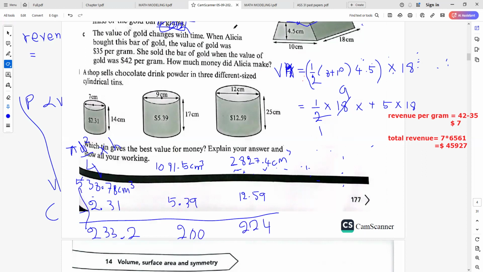What I have done is divide volume by cost, which means per $1.